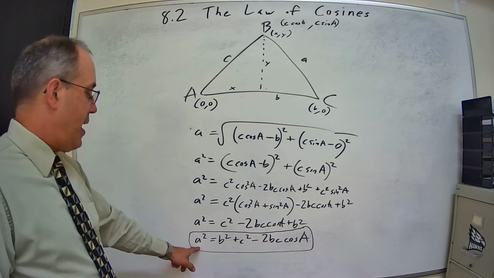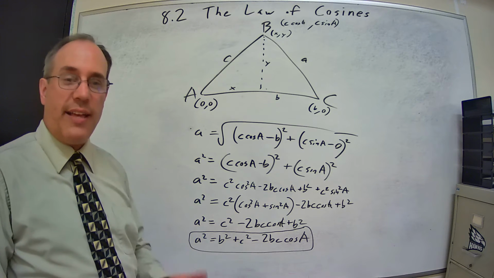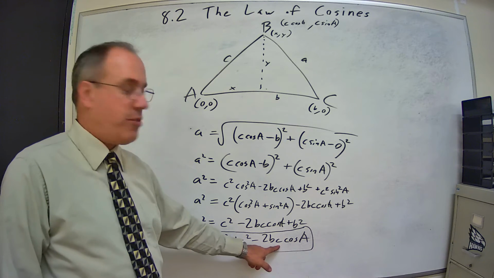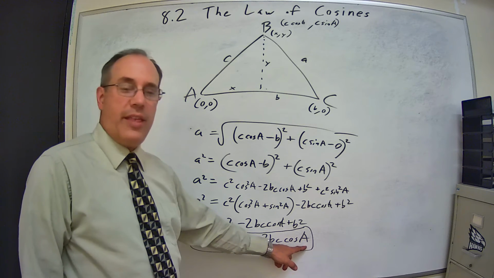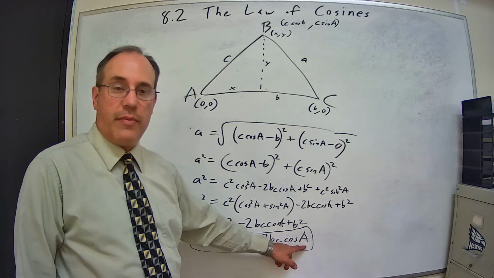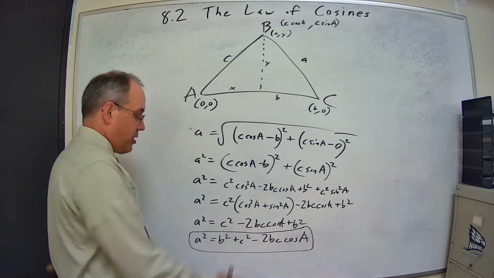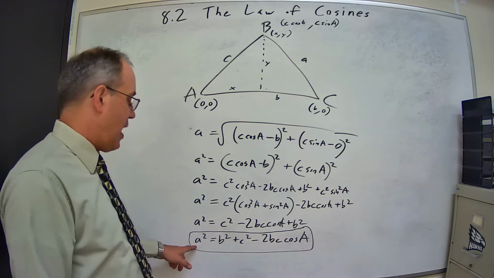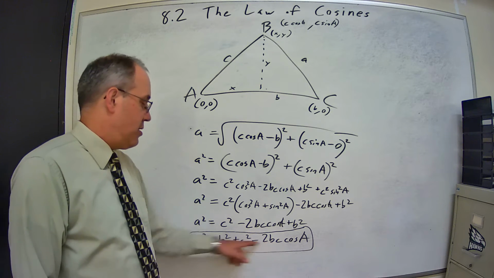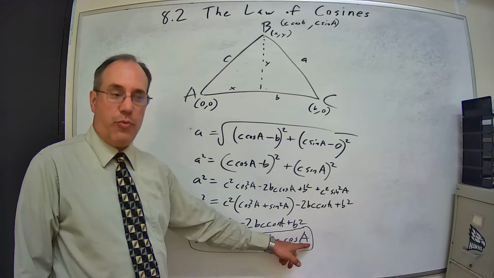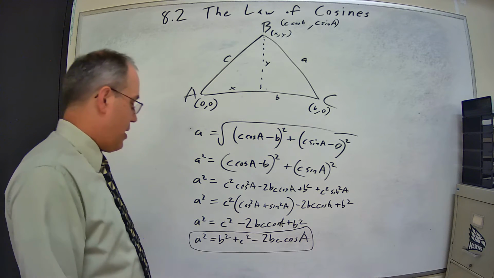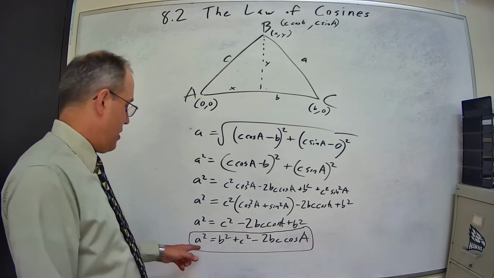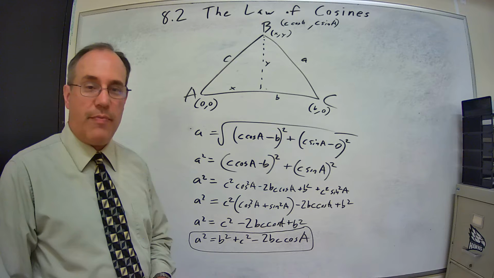Notice that we have A, B, and C, so we have the length of all 3 sides, B, C, length of those 2 of the sides, and the angle A. So what this allows us to do is relate: if we are given 3 of the sides, then we can find one of the angles. And if we are given 2 sides and the angle in between them, then we can find the other side.